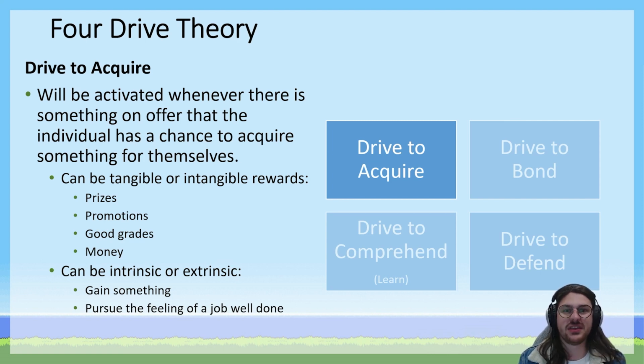Certainly more short-term things like performance-related pay or prizes for achievement, good grades at school, or perhaps someone offers you some money to do a job for them, some pocket money perhaps from one of your parents, that will target the drive to acquire. It will activate that drive, and you will be slightly motivated to achieve whatever it is because the drive to acquire has been activated.